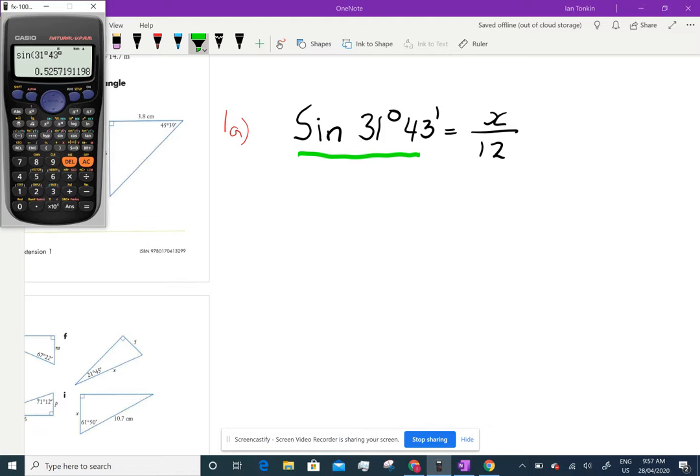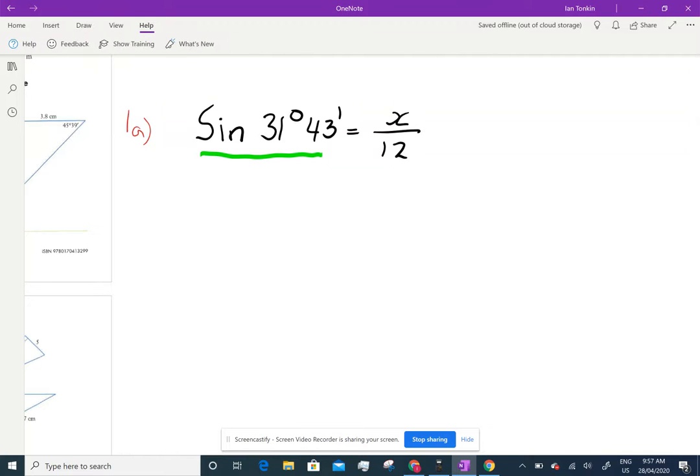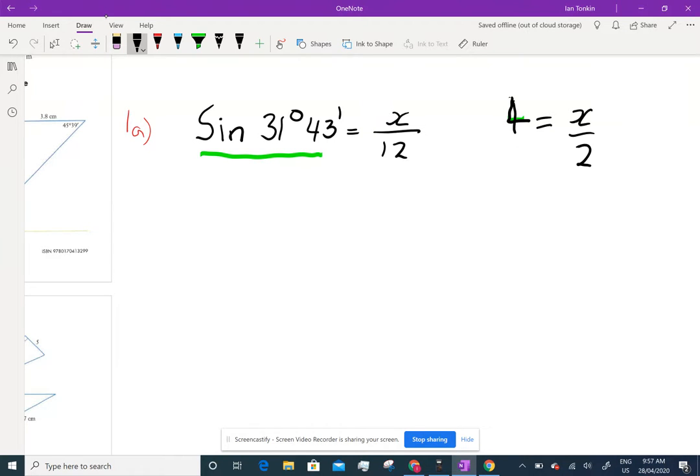The reason I want to emphasize that is because if this is a number, imagine if you had the equation 4 equals x over 2. You just go, oh, I'll multiply that 2 across and I'll get x equals 8, or 8 equals x. That's exactly what you're going to do here. It's exactly the same thing.